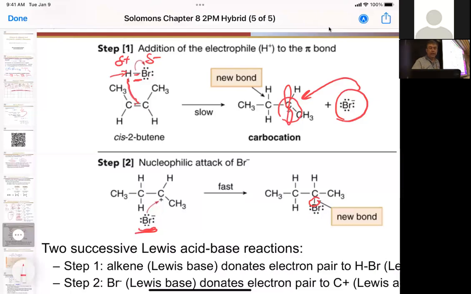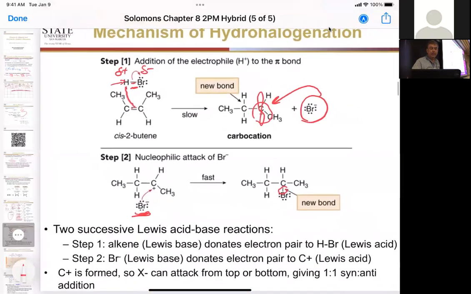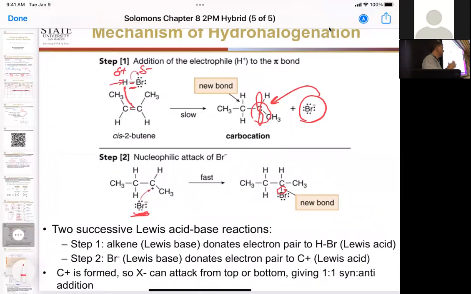Okay, so it is just 2 different Lewis acid-base reactions. In one case, the HBr is the Lewis acid, and in the other case, the carbon is the Lewis acid. So we just have to remember that we're switching our system as we go. Questions on that?